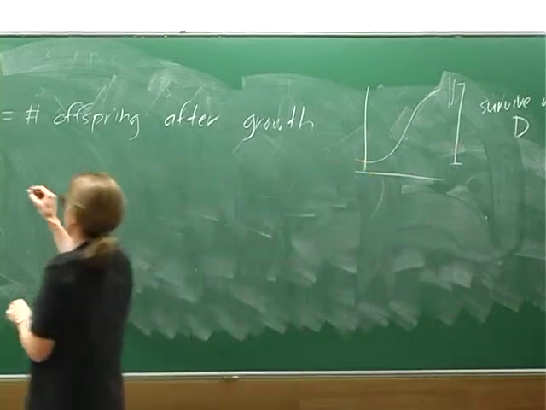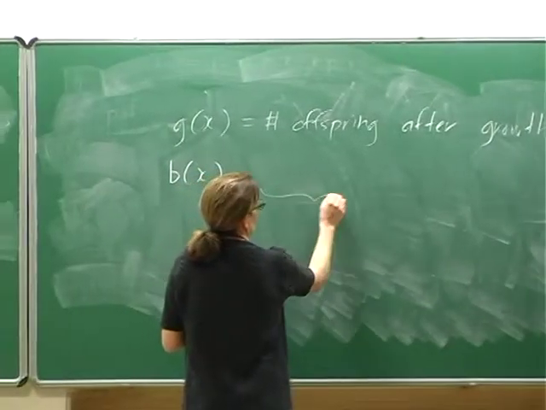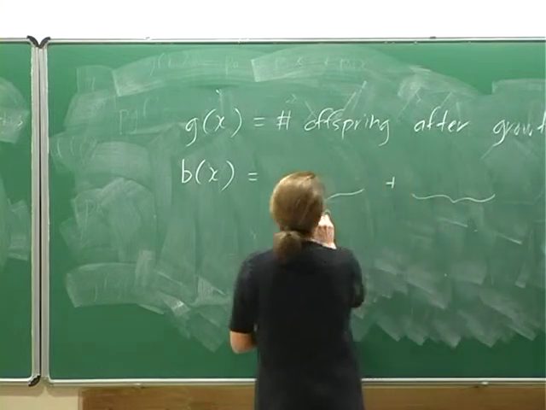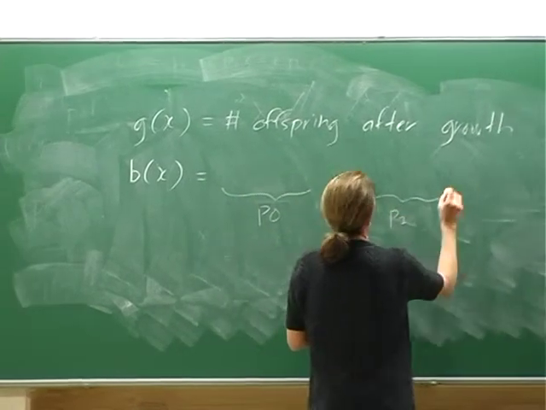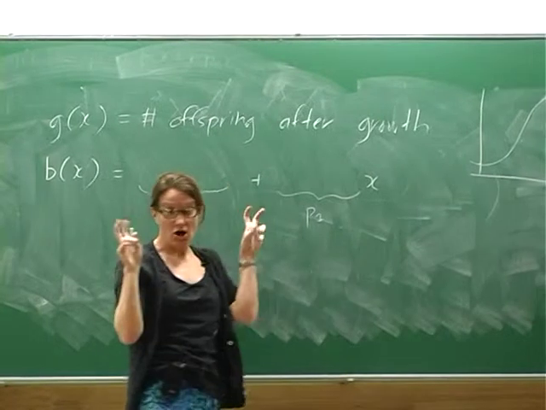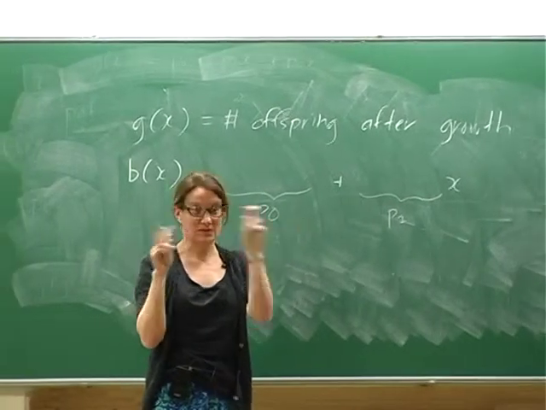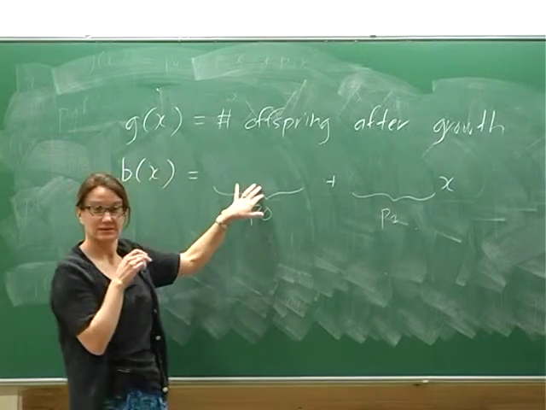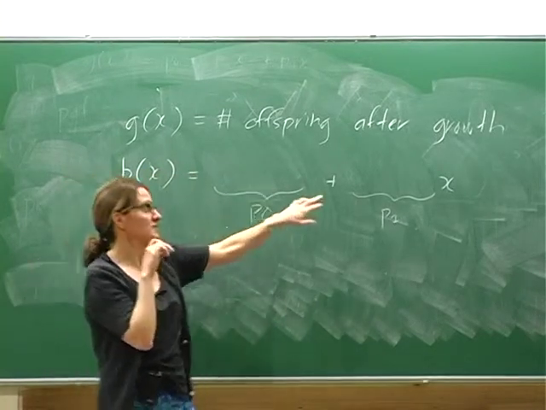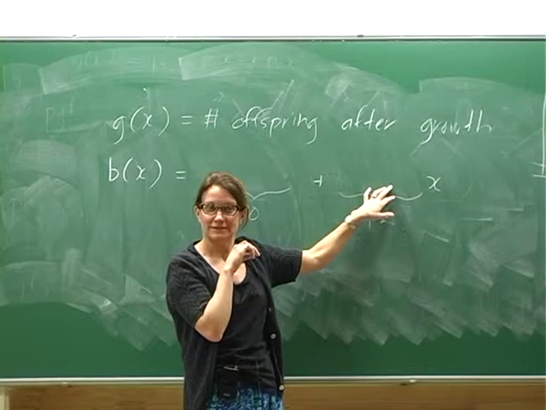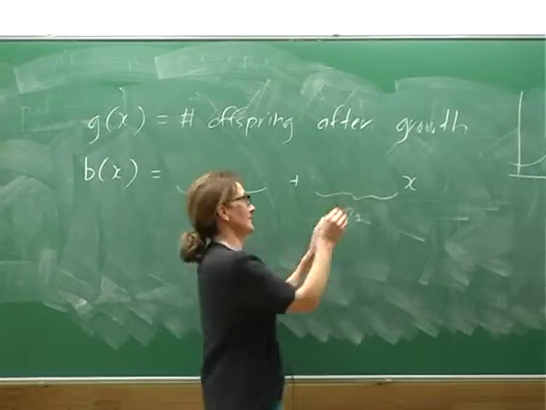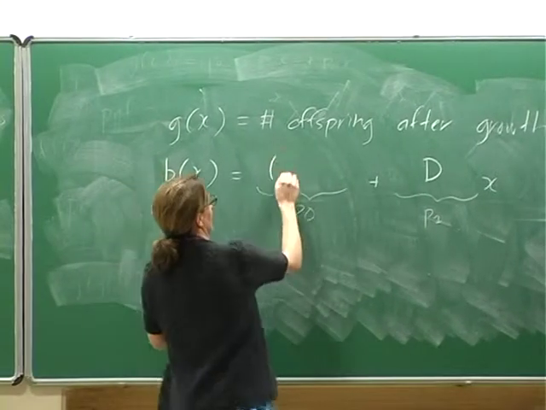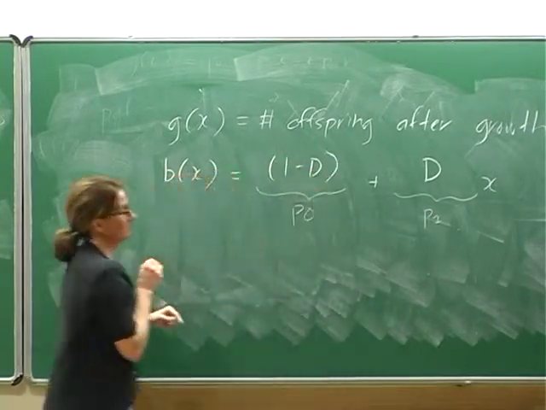They either have 0 or 1 offspring between the beginning and the end of my sample. So what goes here? Well, what goes here? D, yeah. And then here, yeah, exactly, 1 minus D.